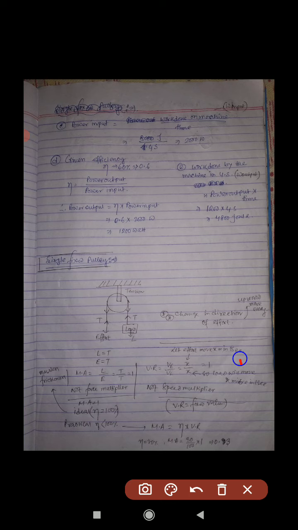Here also is the velocity ratio of the single fixed pulley. So, students, L is equal to T, E is equal to T. Why? Because the effort is balancing the tension force and the load is balancing the tension force. These two tensions balance each other.